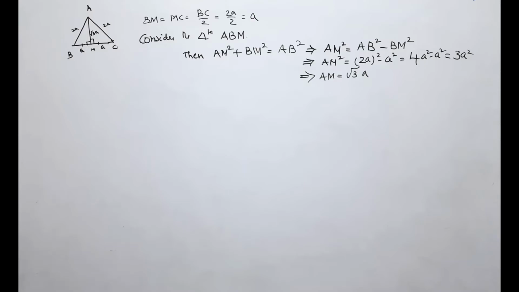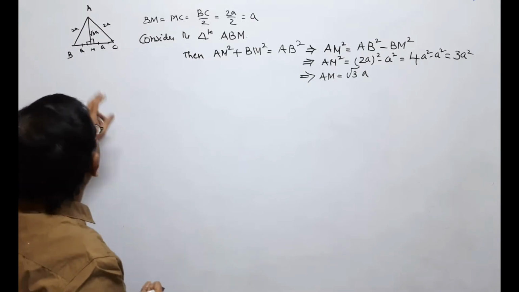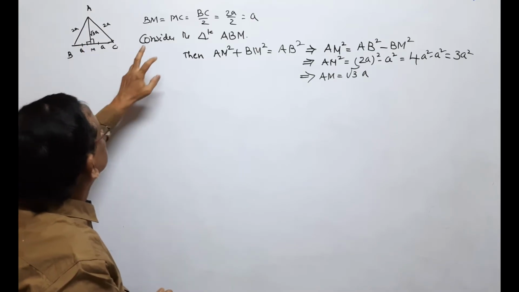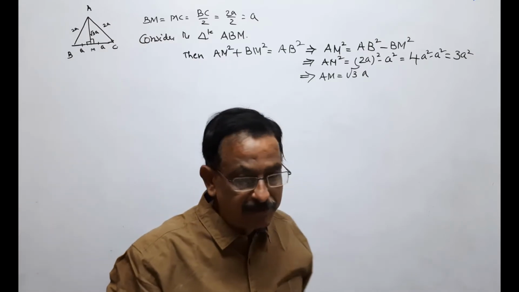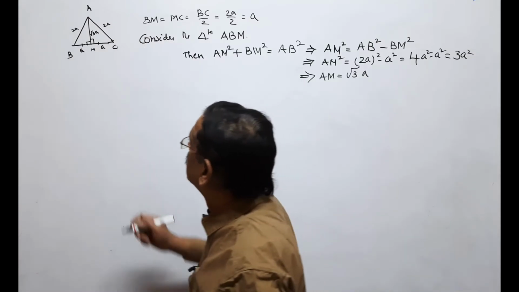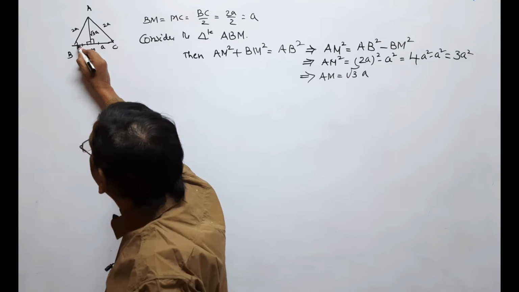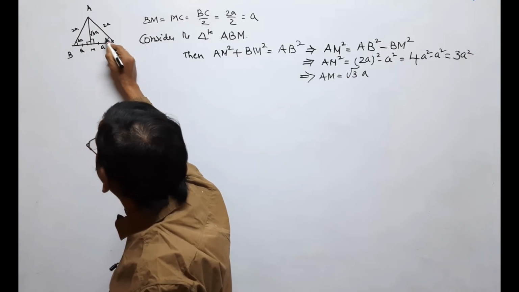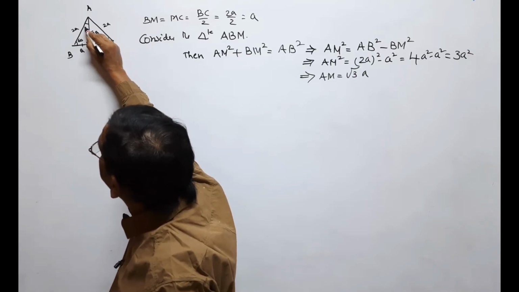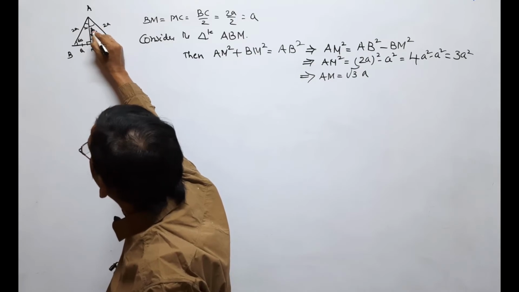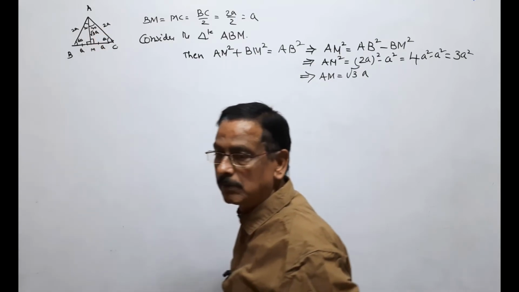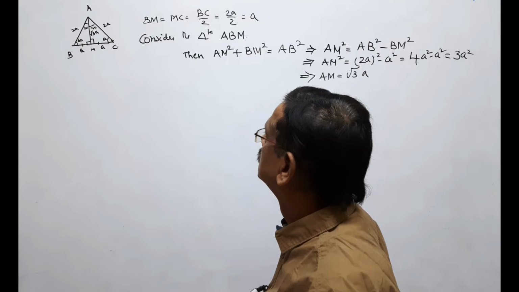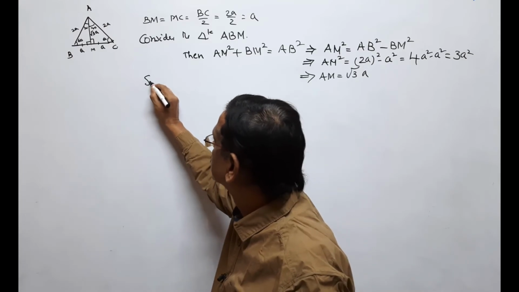What do we want to achieve? We want to achieve the sine of 30 degrees. Now, as I told you, this is 60, 60. This 60 is divided into 30, 30. So I want to evaluate sine 30.